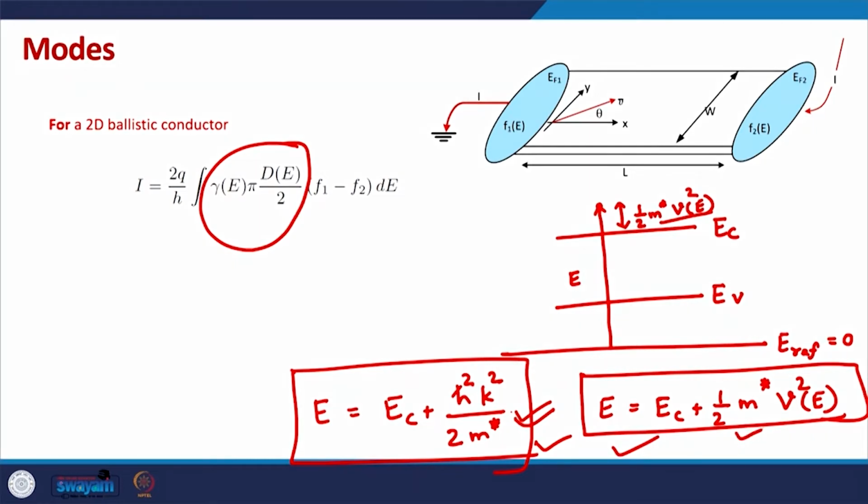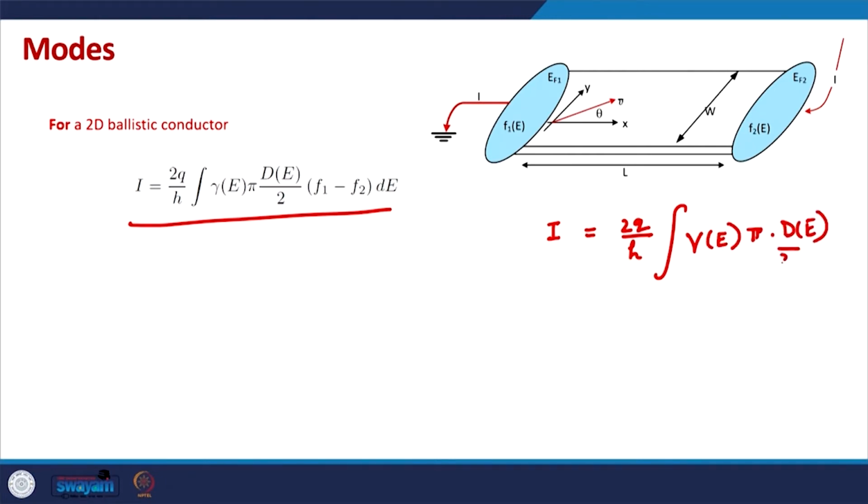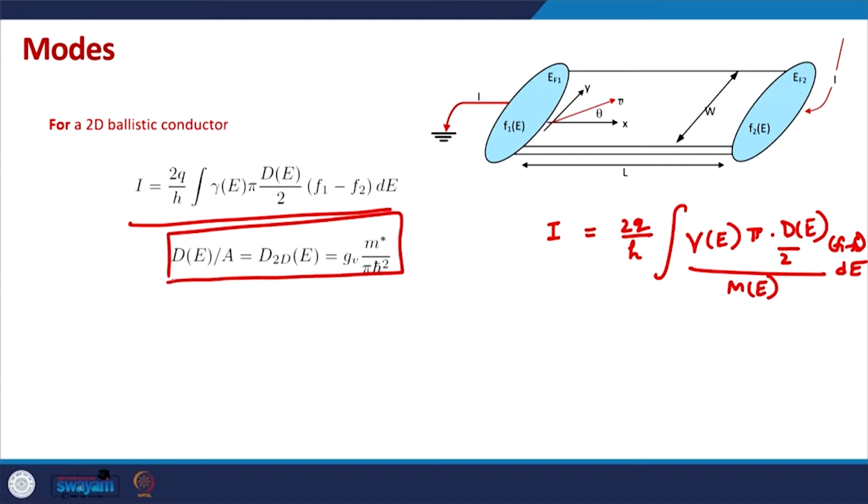Now let us come back to the expression for the current. The current in any arbitrary device looks like this: the integration of gamma E pi times dE by 2, times F1 minus F2, dE. This factor is the M of E, for a two terminal device.